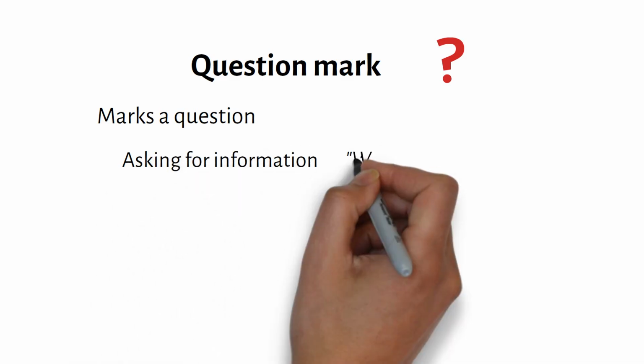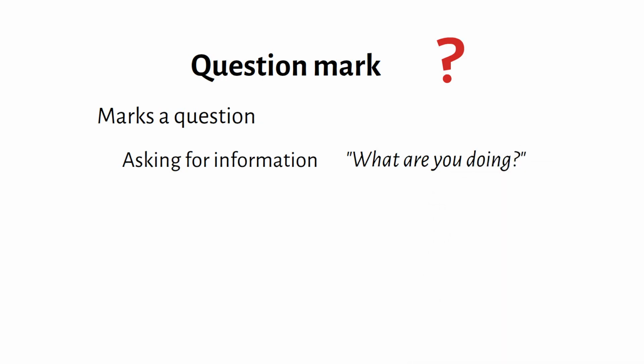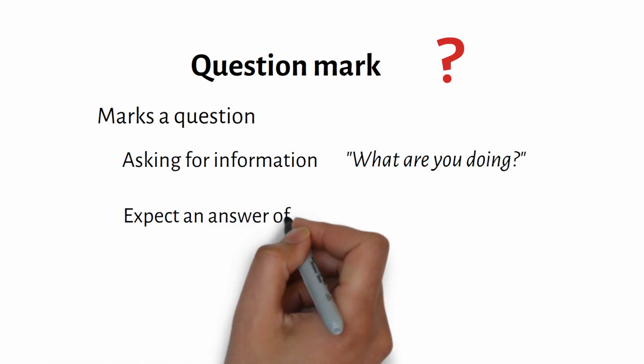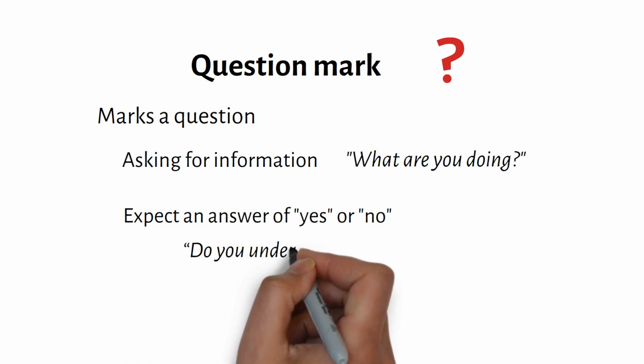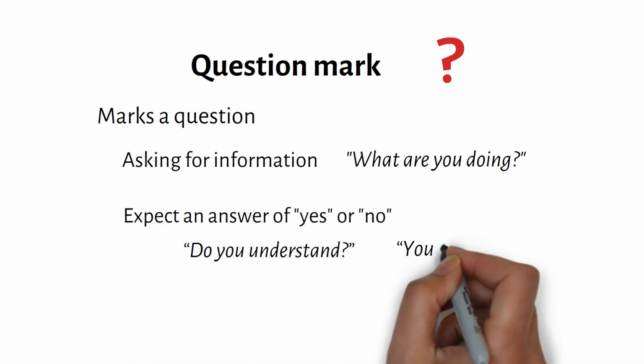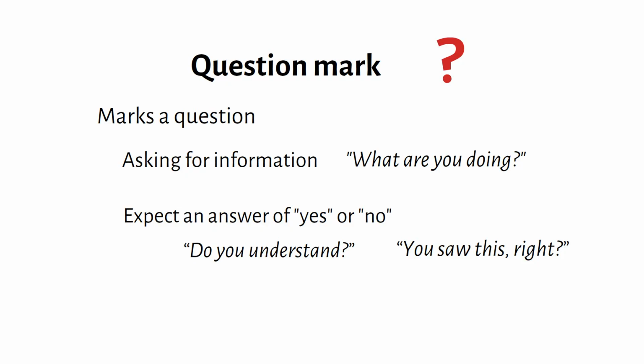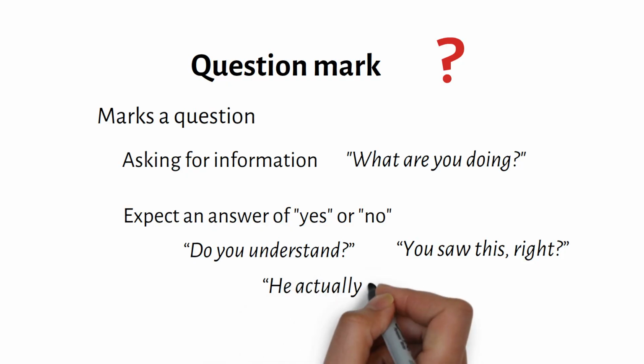Some questions ask for information. What are you doing? Some questions expect an answer of yes or no, but there are different kinds of these. Do you understand? You saw this, right? He actually succeeded?